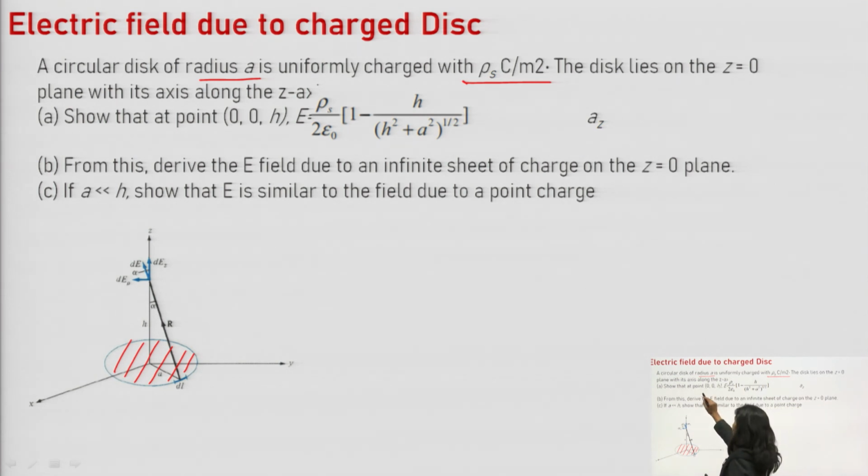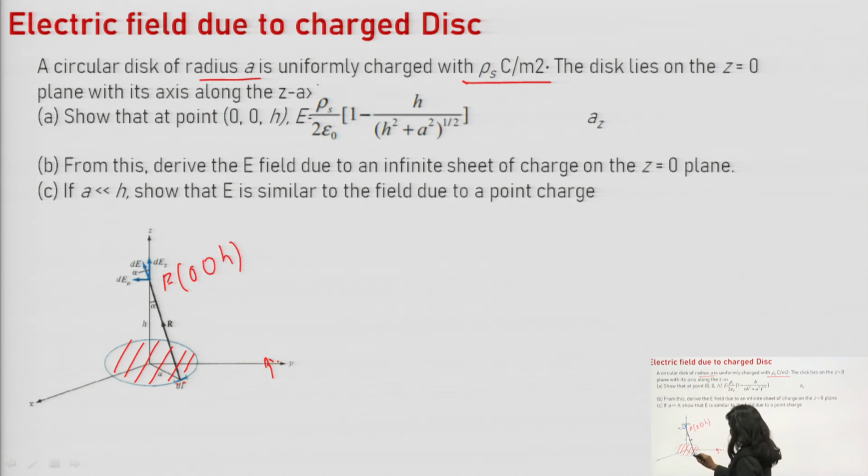So that at point 0 0 h, 0 0 h means some point on the z axis, because all other terms are 0, only we are having the z term, which is equal to h. So we will write the coordinate of P as 0 0 h.